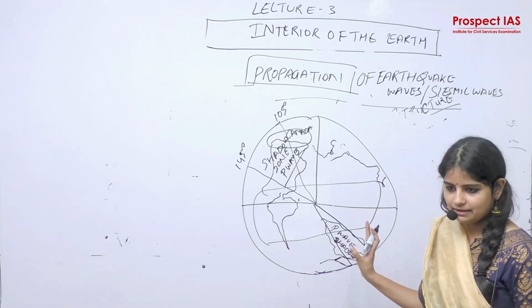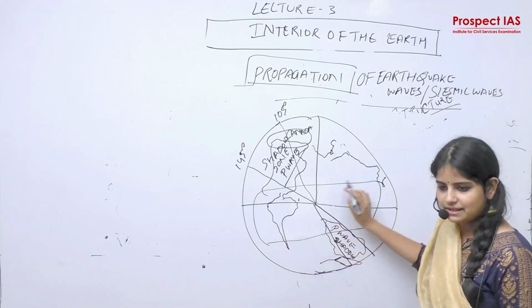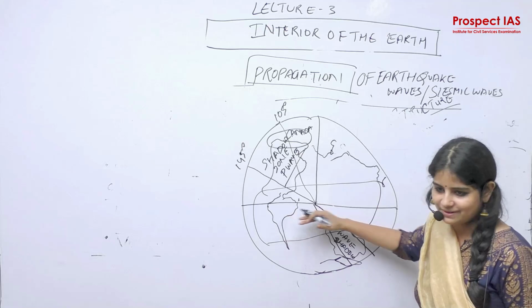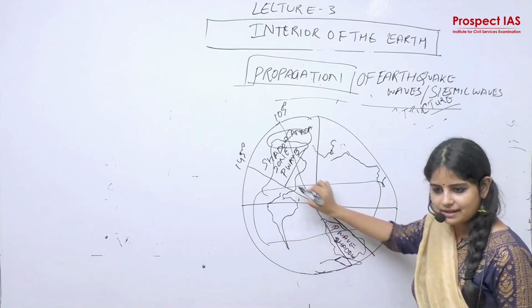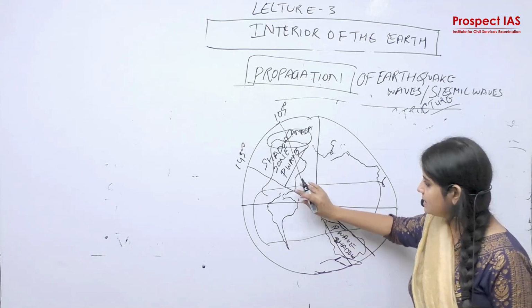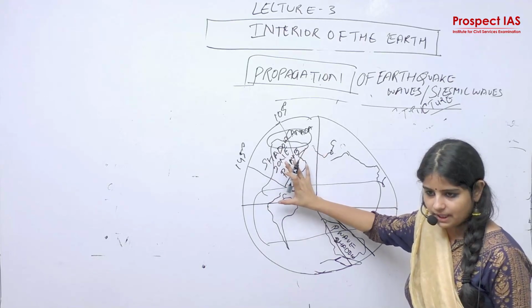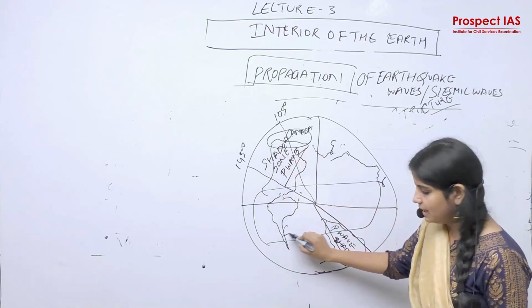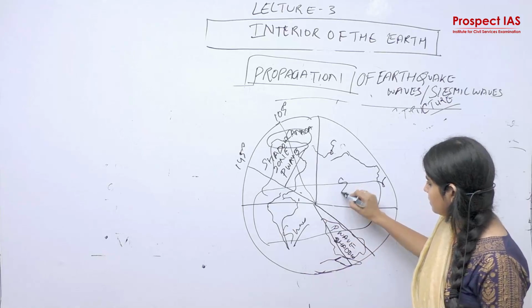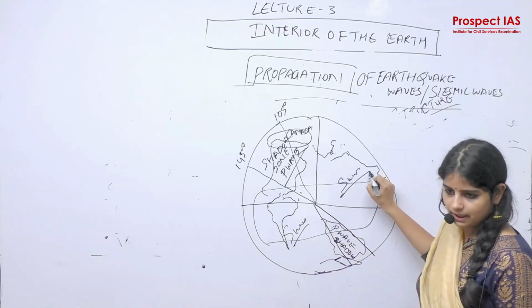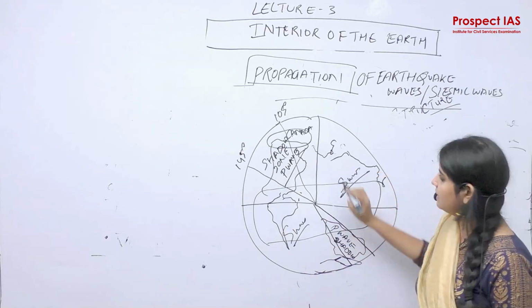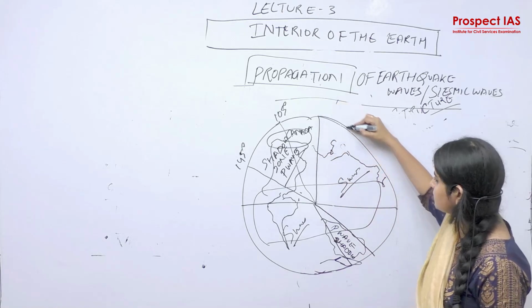Clear in mind? So these are shadow zones of S wave, because S wave doesn't fall on the surface. Here S wave can come because this is not the zone for P wave. But vice versa, S waves are not in these angular zones.